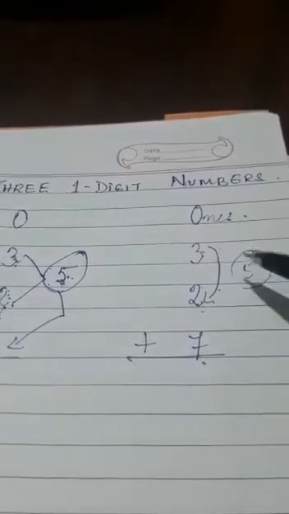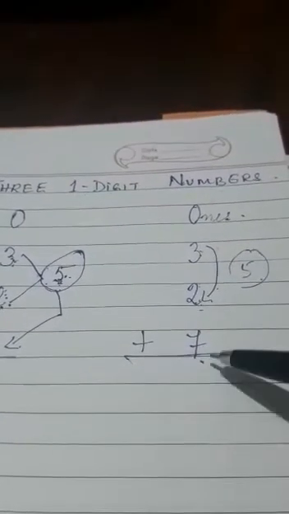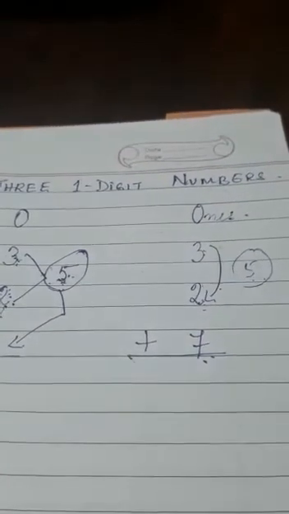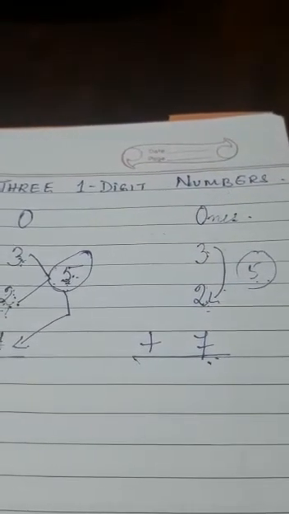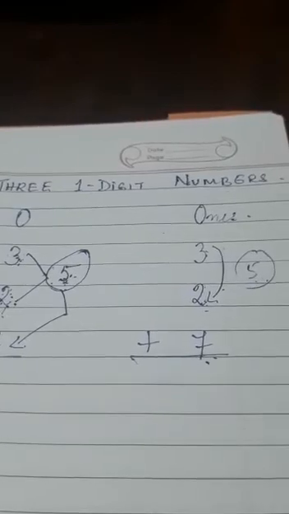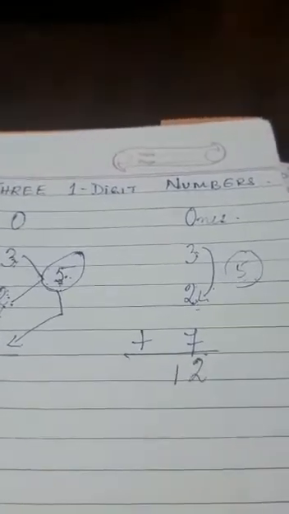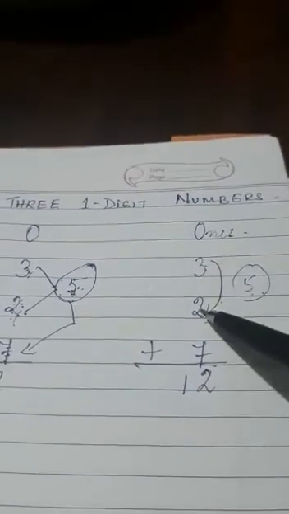Now 3 plus 2 is 5. So 5 plus, start counting on your fingers, 7 fingers: 5, 6, 7, 8, 9, 10, 11 and 12. So 3 plus 2 plus 7 is equal to 12.